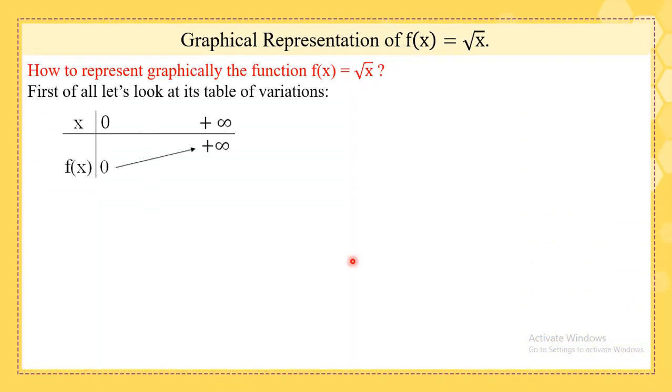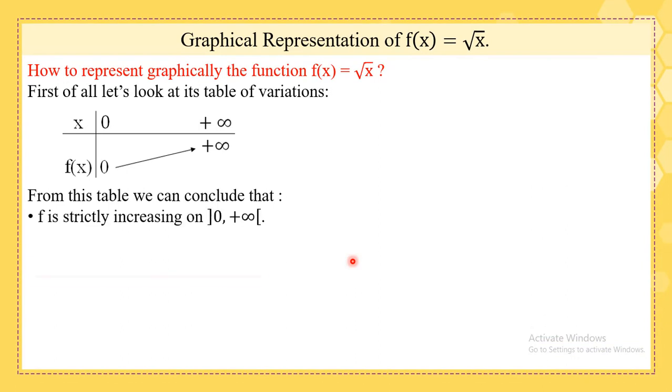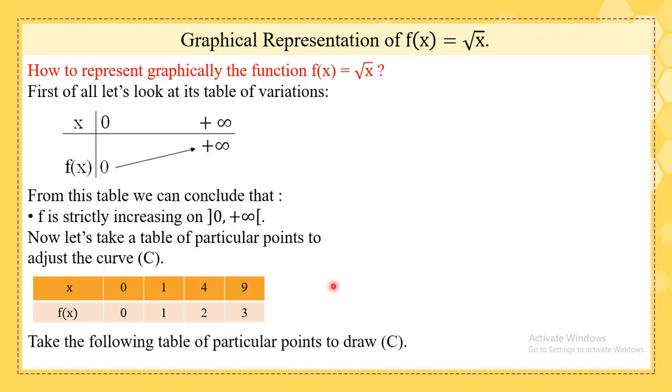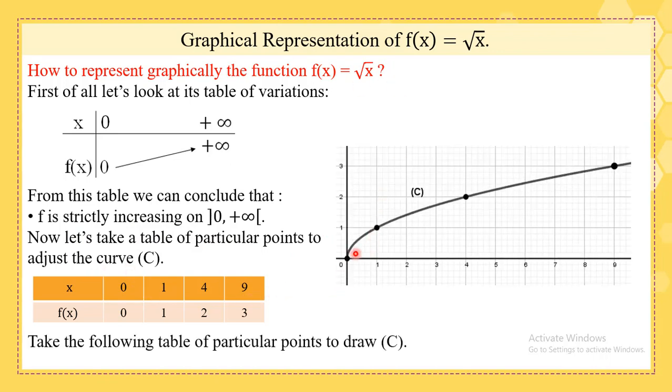Now, to represent radical of x graphically, we take the table of particular points to adjust the curve, and we draw the curve. This is the curve of radical of x. We have the points (0, 0), (1, 1), (4, 2), and (9, 3) belonging to the curve.